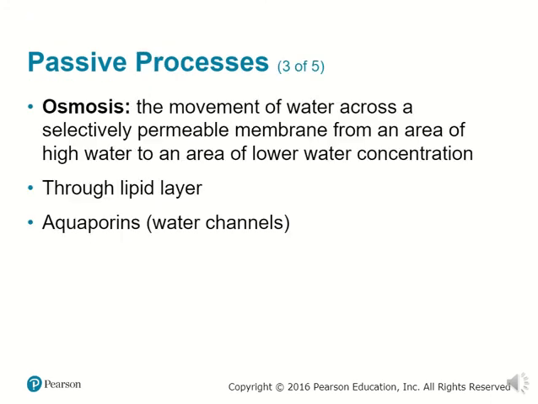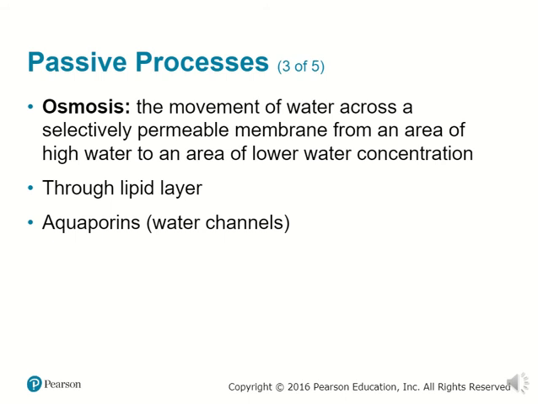Now, the last of the passive processes is osmosis. It's effectively the natural movement of water across a selectively permeable membrane, from an area where water is in high concentration to where there's a lower concentration of water.